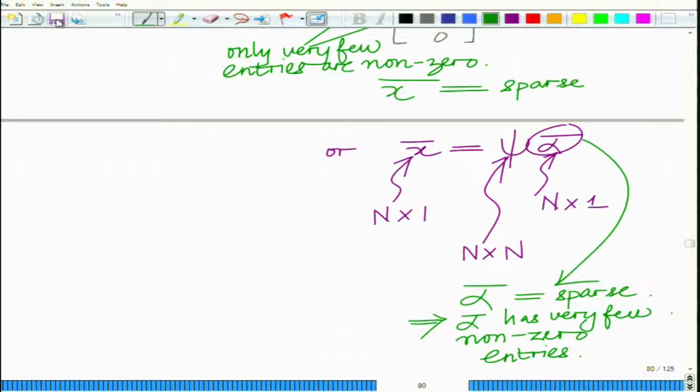So, either x bar is sparse, the vector that you are trying to recover, or more importantly, and this is what happens more frequently, like an image, x bar can be expressed as a linear transformation of a sparse vector.